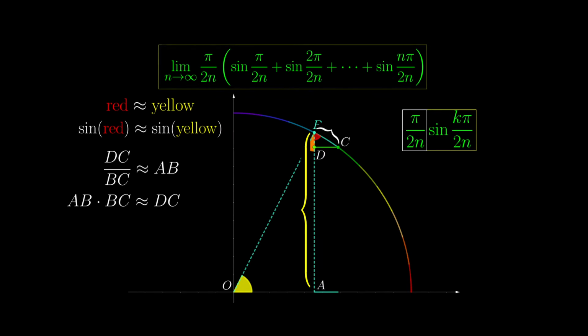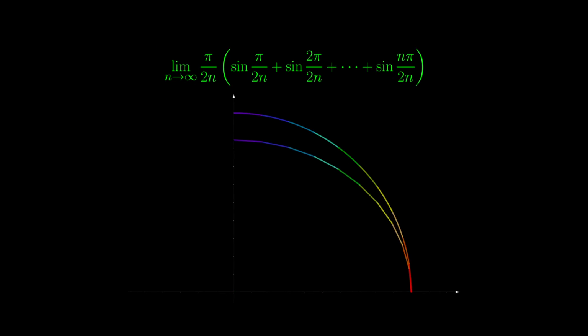Notice that the limit wants us to sum up all the products of this type. By running the same argument, these products are also projections of the arcs onto the x-axis, and the sum of these projections is just 1. That means the integral of sine x from 0 to pi over 2 is just 1.